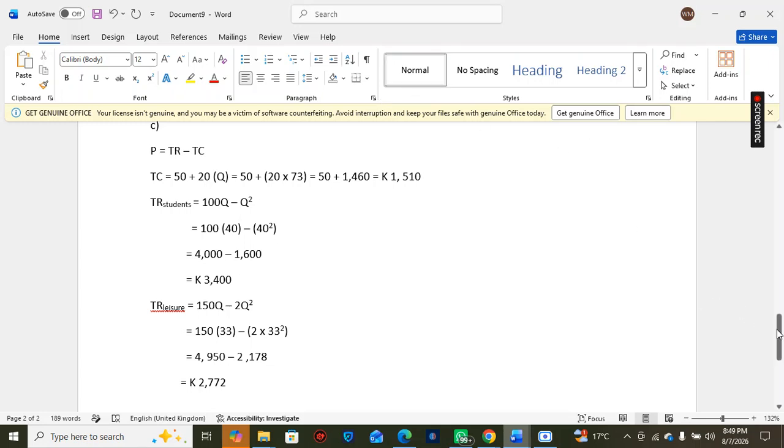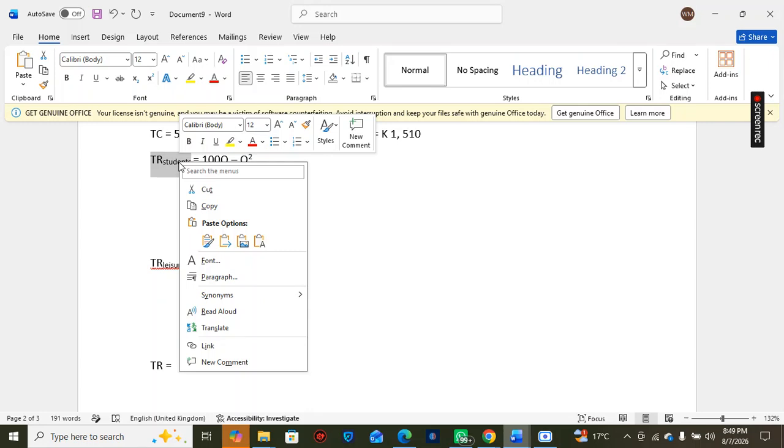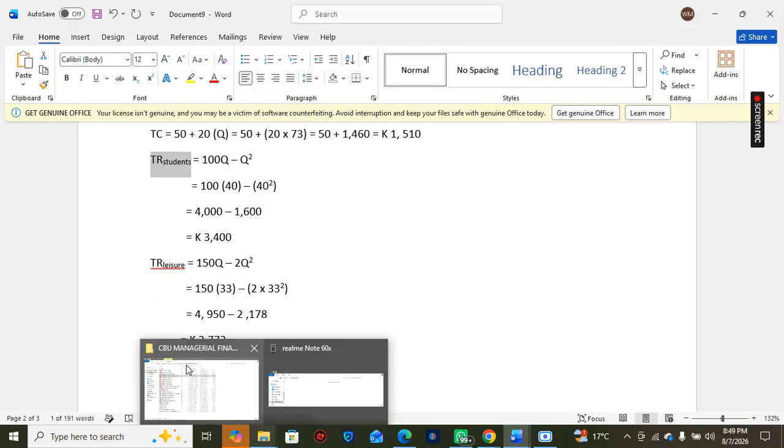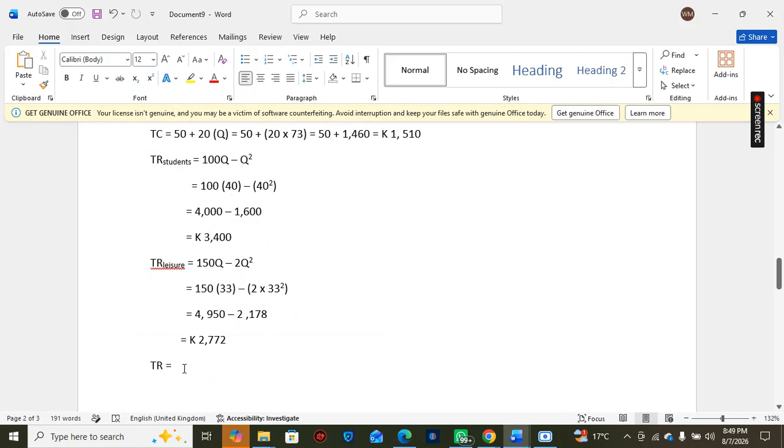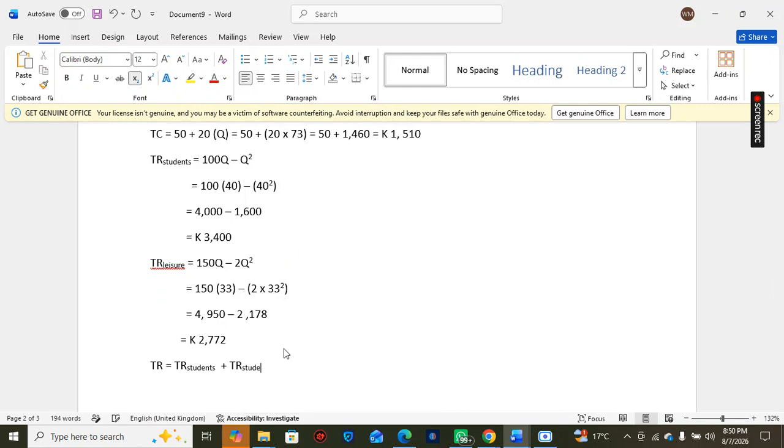Okay. So our grand total revenue, TR students plus TR leisure, the total revenue for students plus the total revenue for leisure.